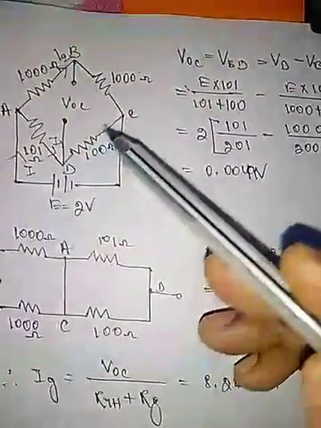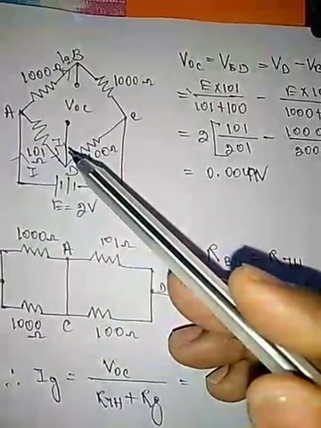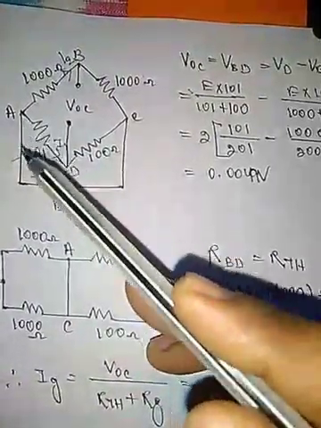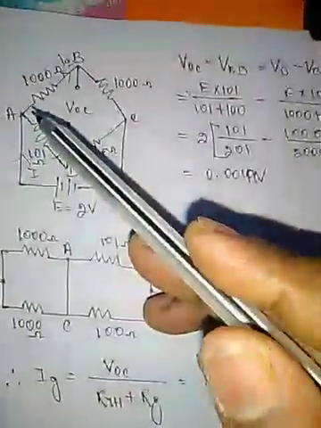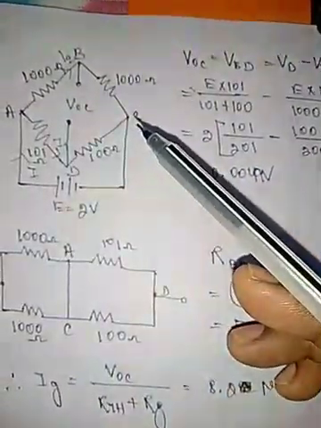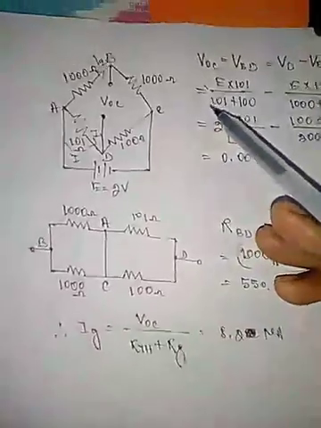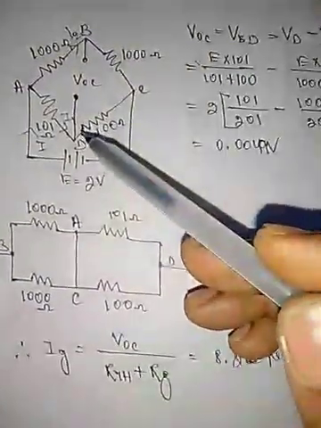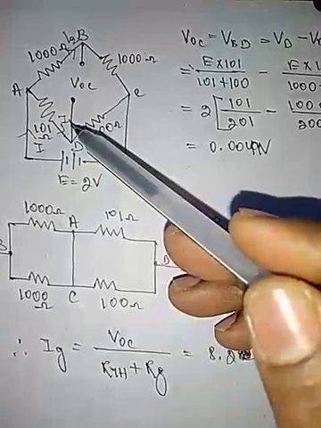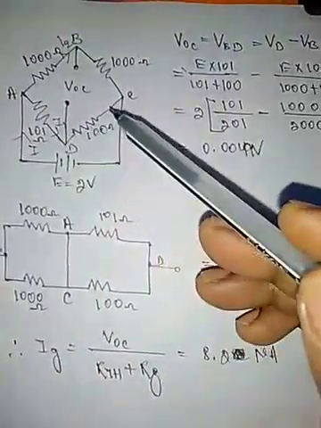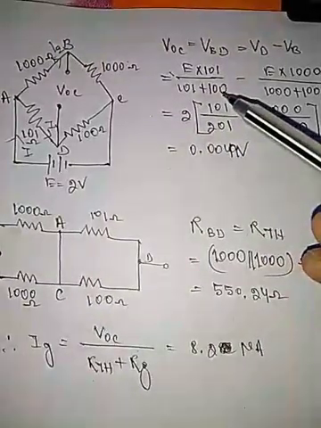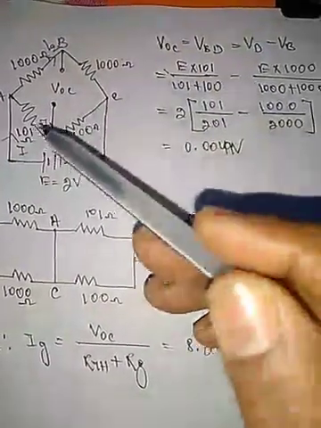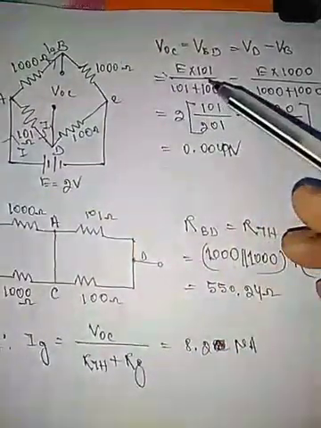You also see that the battery terminal is in parallel with this path and the ABC path. As you know, in parallel the voltages are the same, so I1 is equal to E by the total resistance of this path, E by 101 plus 100, into 101 for I1 into 101. So I write here.